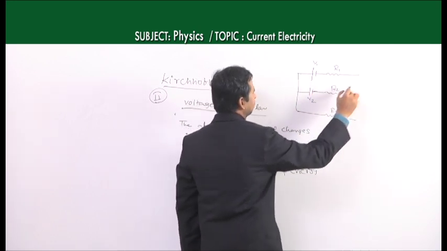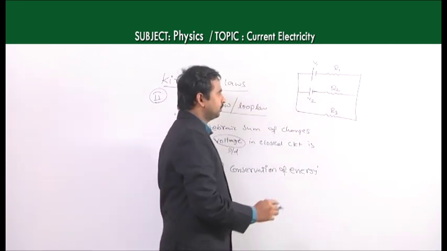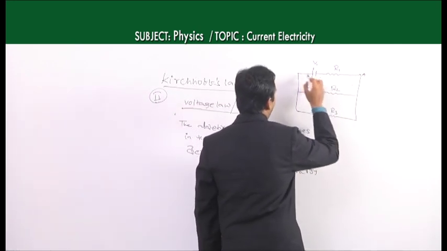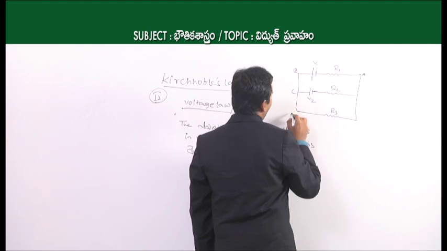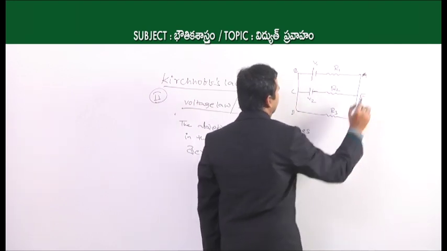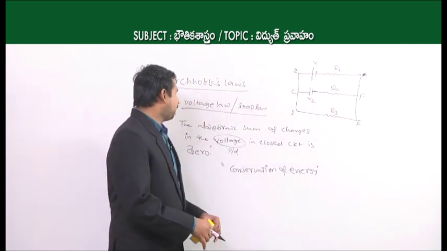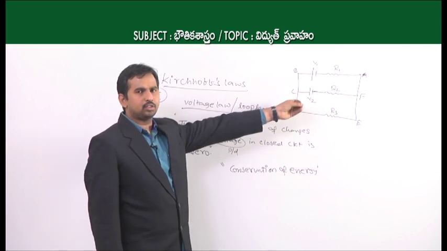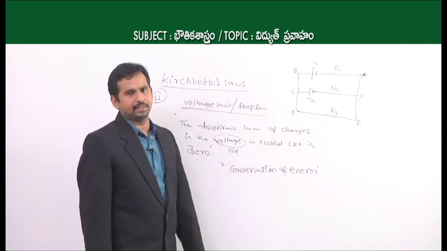Like this we are taking a small simple circuit. Let us suppose the junction points are A, B, C, D, E, F. Now we are applying this voltage law, the loop law, to this simple circuit as an example.